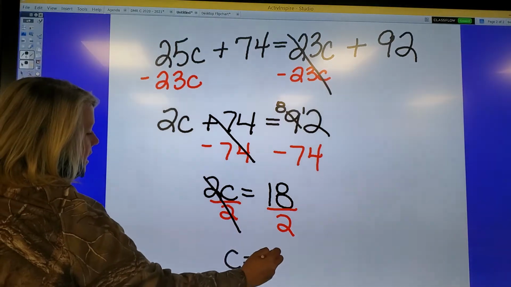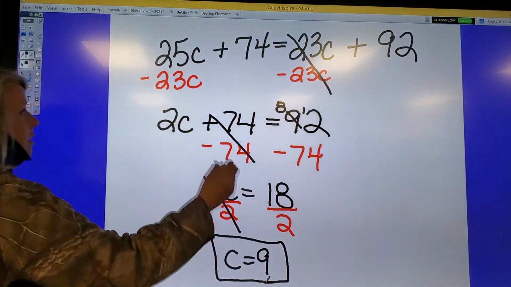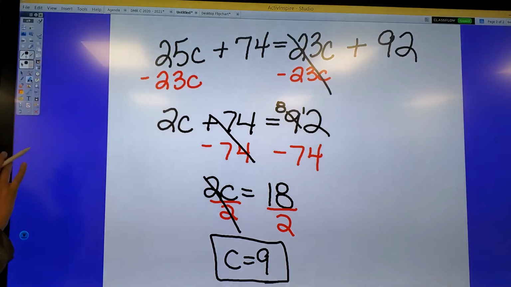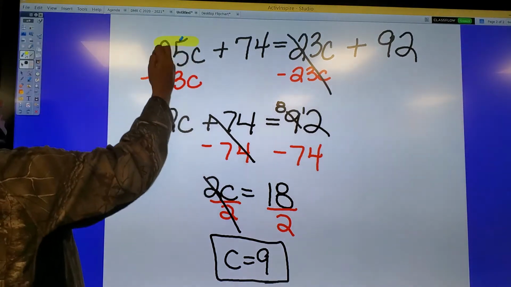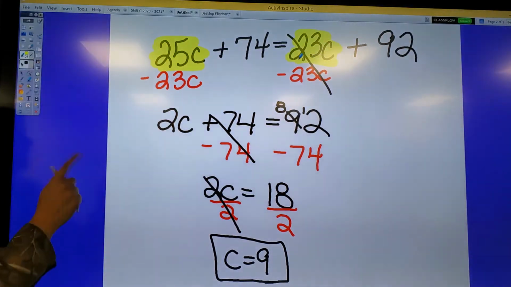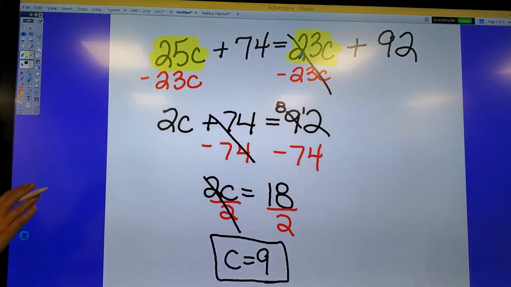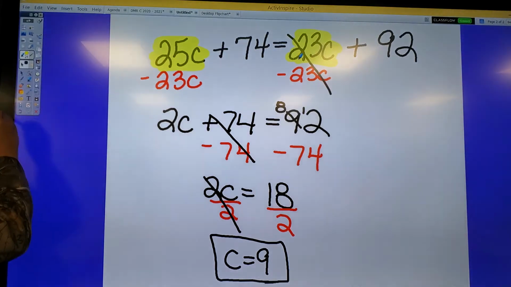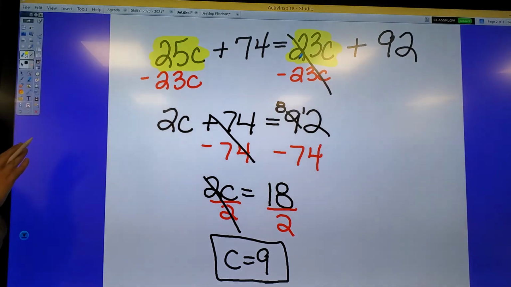Like we said, I knew from the beginning, before I ever started solving, because there was a 25c here and a 23c here, they had different coefficients, I knew it was only going to be one solution. And my solution is 9. So I would just put 9 in Google Classroom.